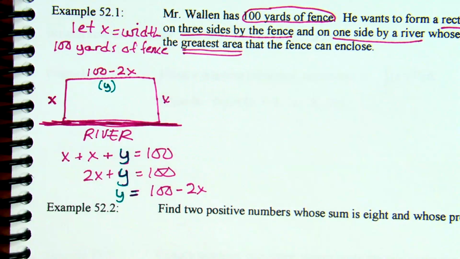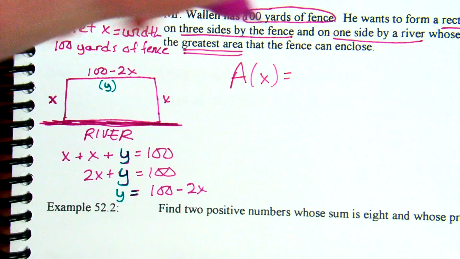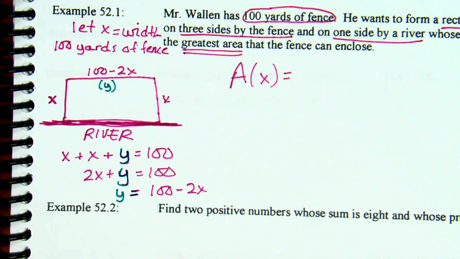Okay, so my goal is to maximize area. I'm trying to find my greatest area, which means ultimately I need an area formula. So I'm going to say area. I'm actually going to say A of x because it's all going to be in terms of x. What's my area here? We normally would say x times y.